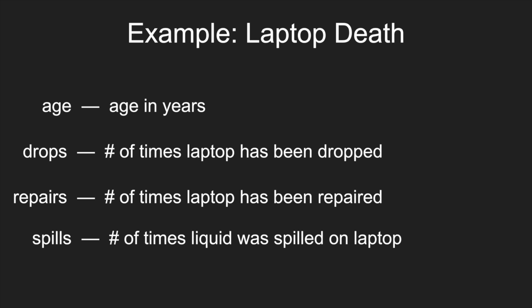It'll take the age of the laptop, the number of times it was dropped, the number of times it was repaired, and the number of times some kind of liquid was spilled on it. And it's going to take these 4 inputs, and using some kind of linear combination, we want it to output some higher than normal number if the laptop is very likely to break, and some low number if the laptop is likely to survive.